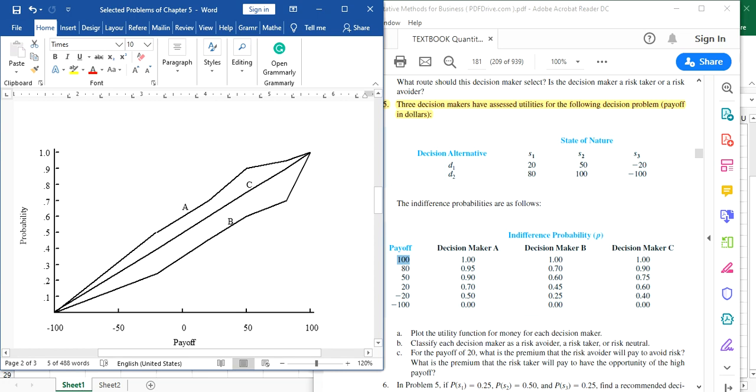Classify each decision maker as a risk avoider, risk taker, risk neutral.